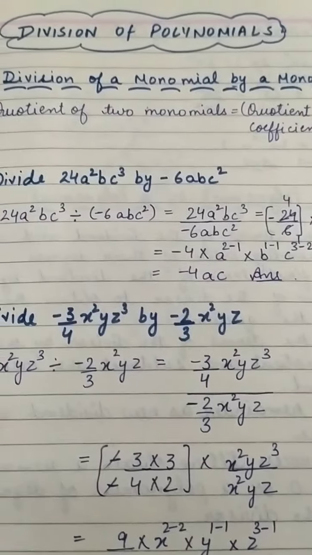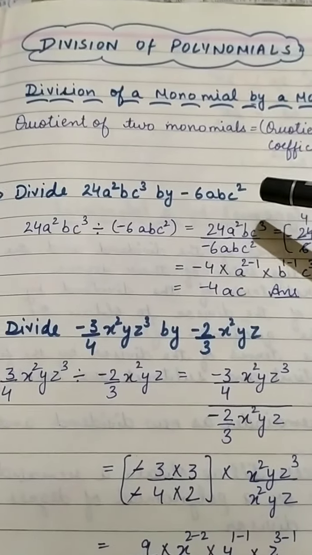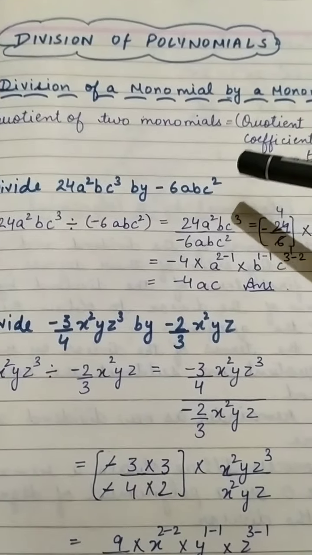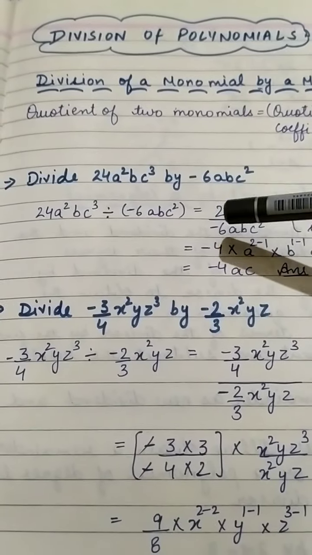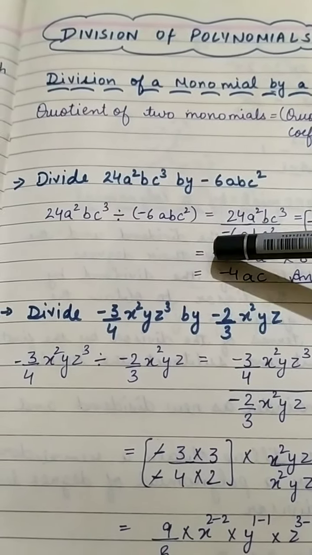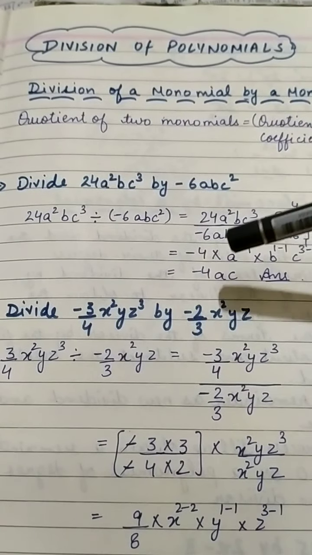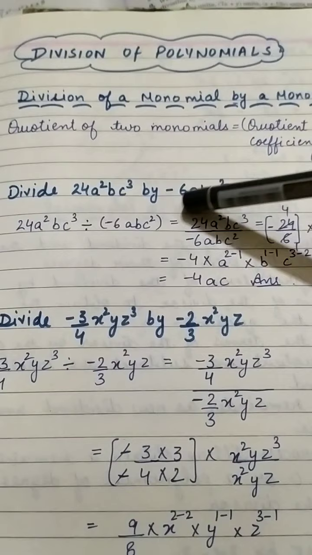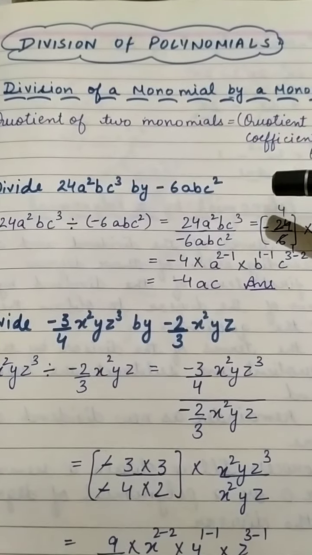Suppose we have to divide 24a square b c cube by minus 6abc square. First of all we will write it in expression form, that means division form, so that we can cancel the common parts.